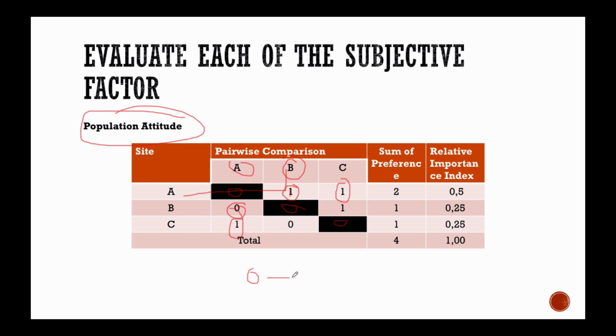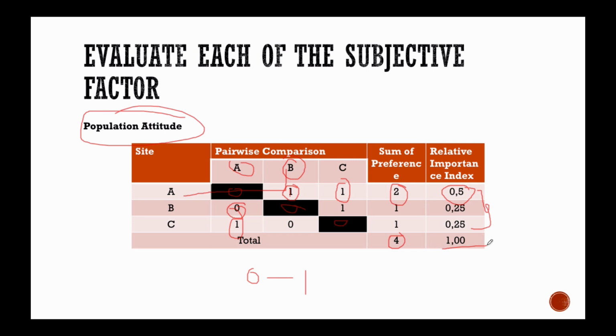So please remember this one, you can only write 0 to 1, and then you can sum the preferences here using the same way. Divide it by 4, you'll get 0.5, and sum all of them here and you get the 1 or 100%.